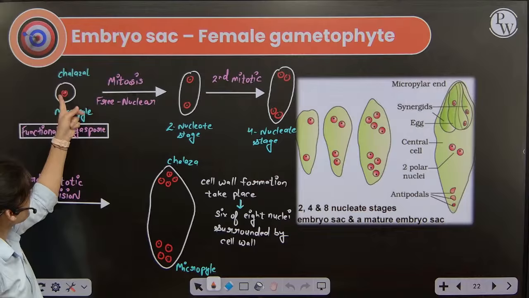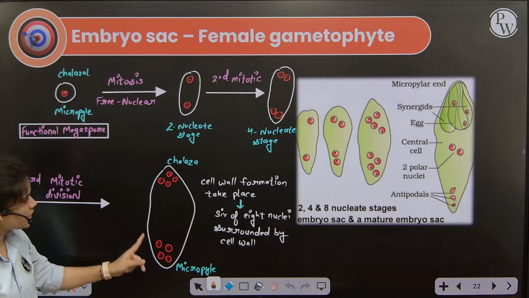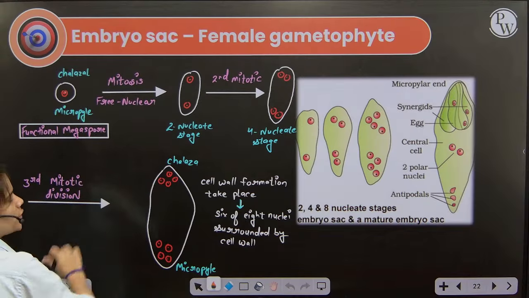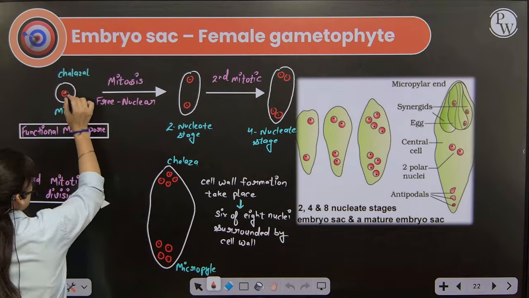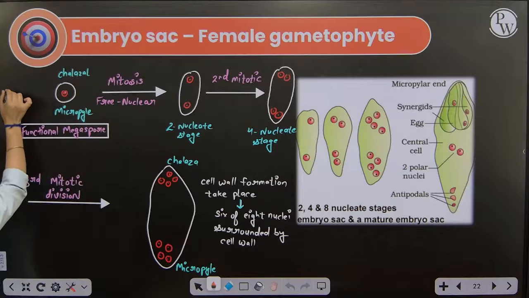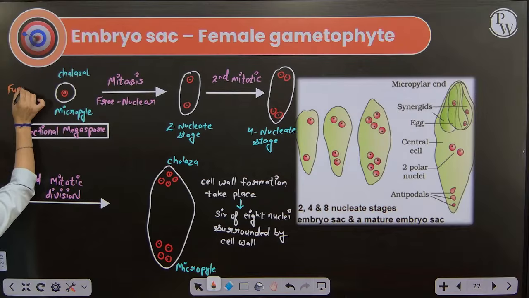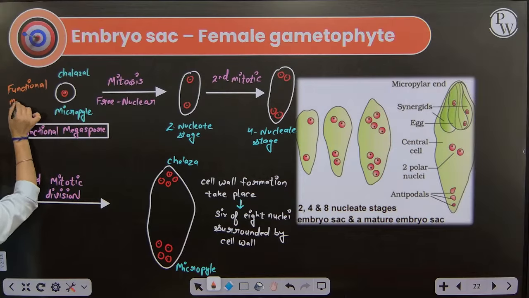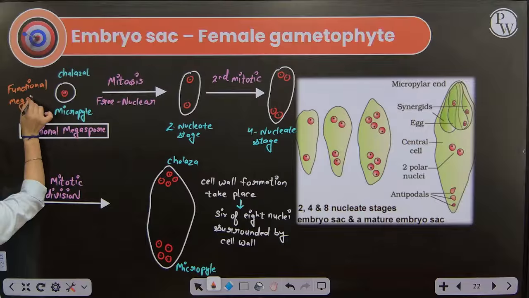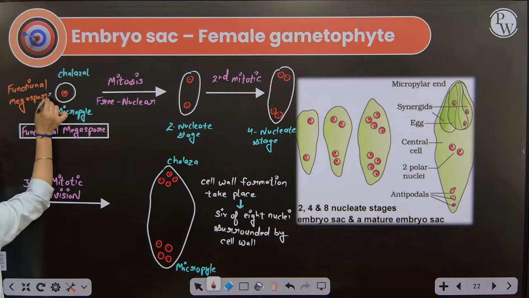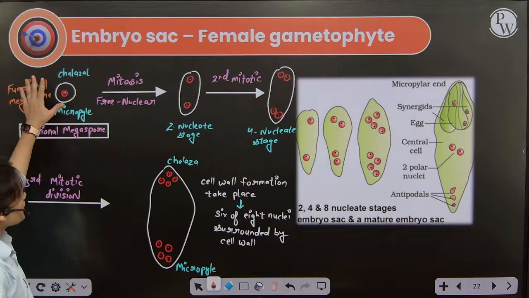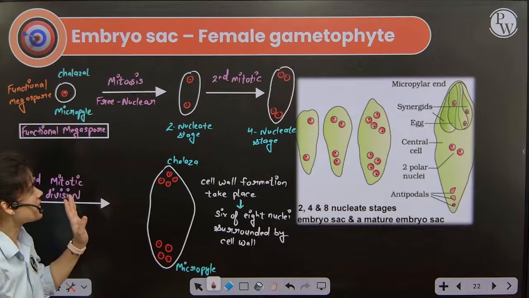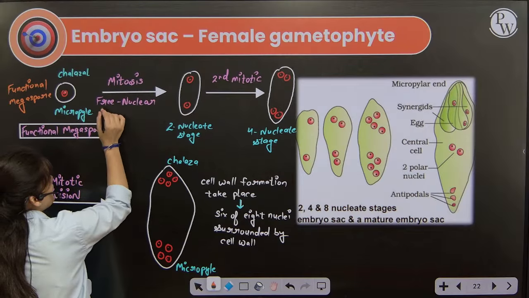This functional megaspore develops into the female gametophyte, the embryo sac, by mitotic division. It undergoes the first mitotic division, and that mitosis is free nuclear division.